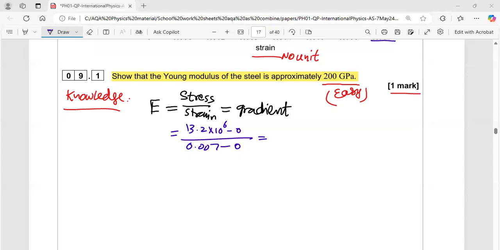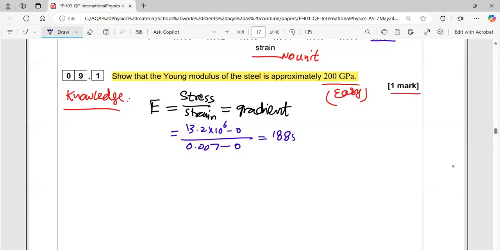The value here is 13.2 divided by 0.007. My answer is 1885.7 times 10 to the power 6. But now I will write it as 1.885 times 10 to the power 9, and this 9 is actually giga.